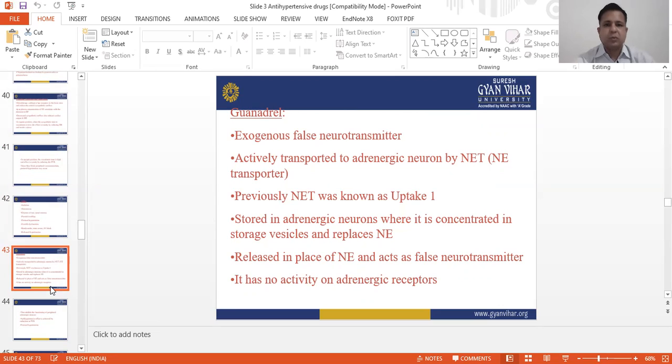It is stored in adrenergic neurons where it is concentrated in storage vesicles and replaces norepinephrine, being released in place of norepinephrine and acting as a false neurotransmitter. It has no activity on adrenergic receptors.